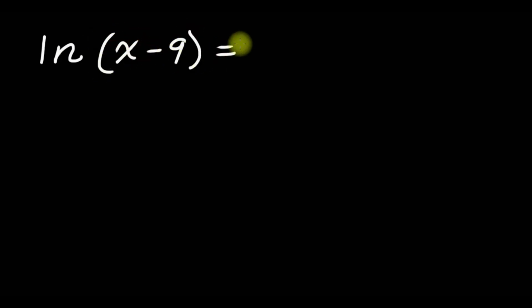So let's take a look at the next one. The next one is to write it in exponential form. The given log equation is ln of x take away 9 is 32. So this is a log equation, and we want to write an exponential equation for this given log equation.